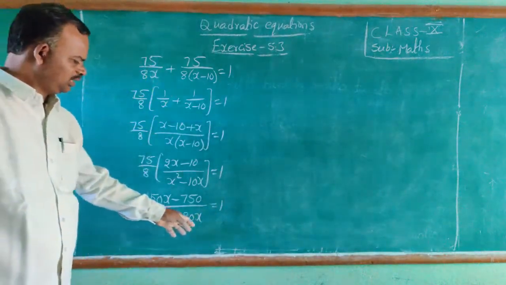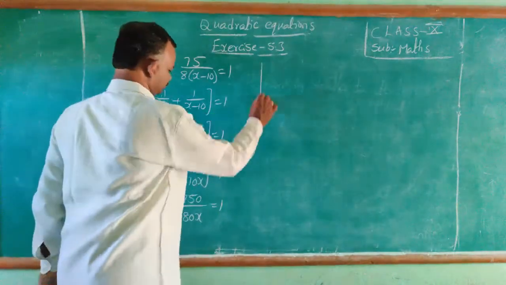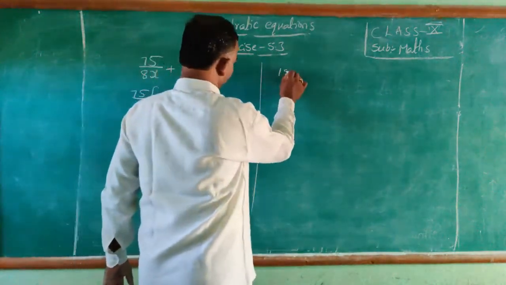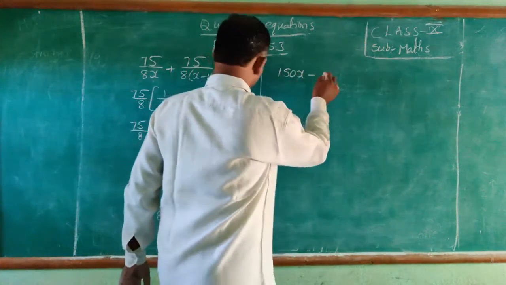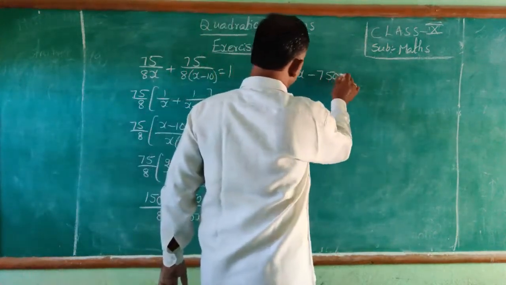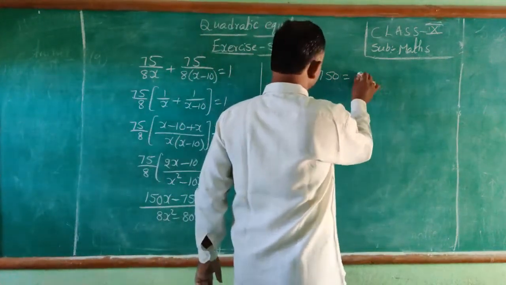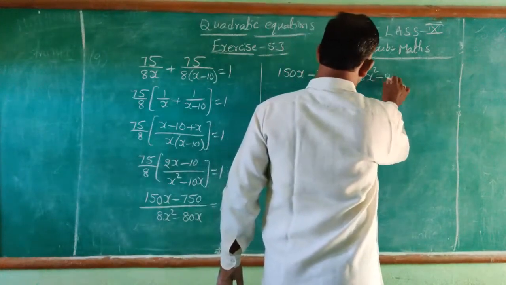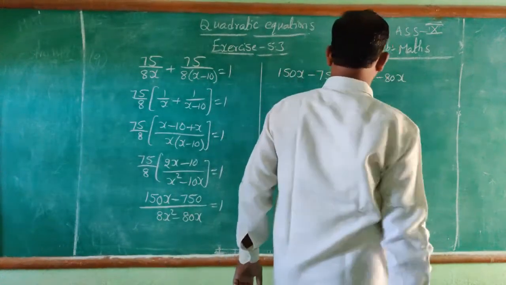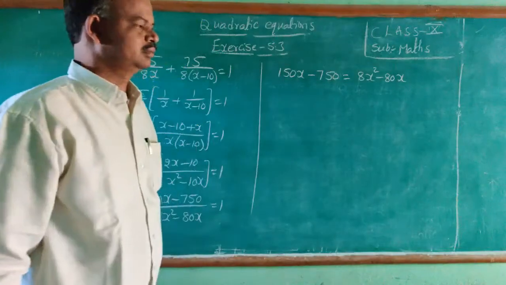Now we are cross multiplying that. 150x minus 750 is equal to 8x square minus 80x.